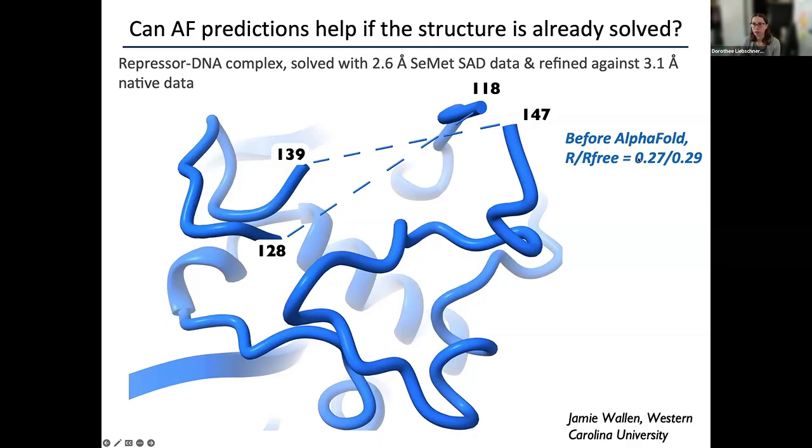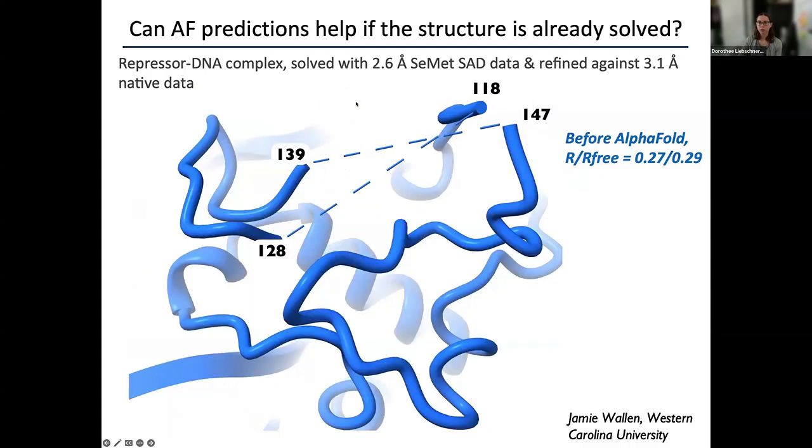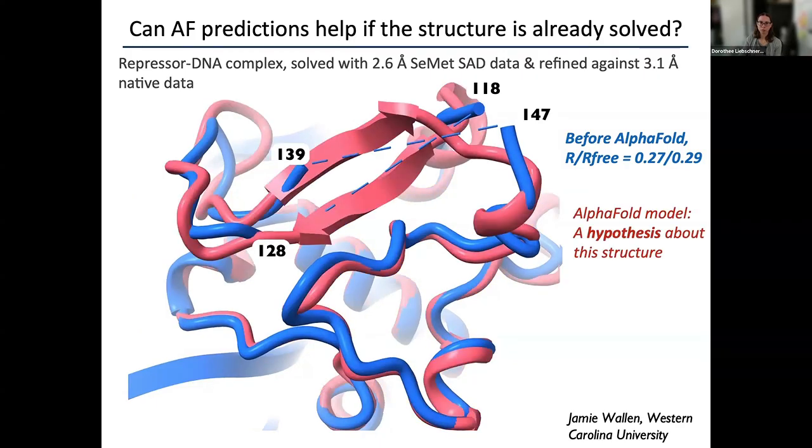Not shocking at this resolution, but here we see the density superposed to this model. And indeed, it looks like there's not so clear density between these gaps. But let's now superpose the AlphaFold prediction. And okay, it looks like here is a better sheet for these gaps.